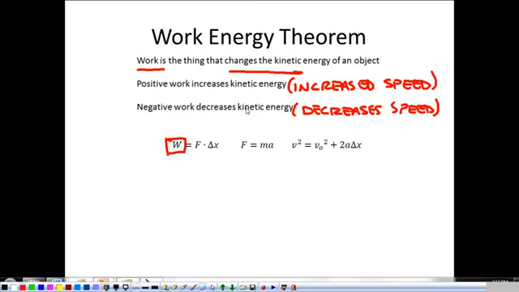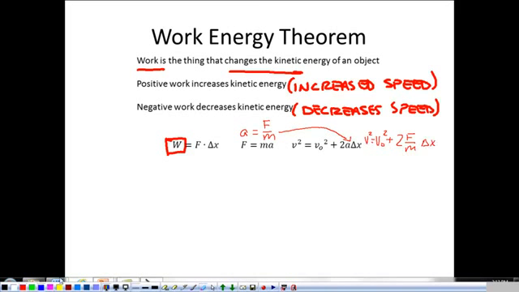So if we look at this and we substitute acceleration, which is force over mass, into this equation, what we see is that v squared equals v0 squared plus 2 times force over mass times delta x.